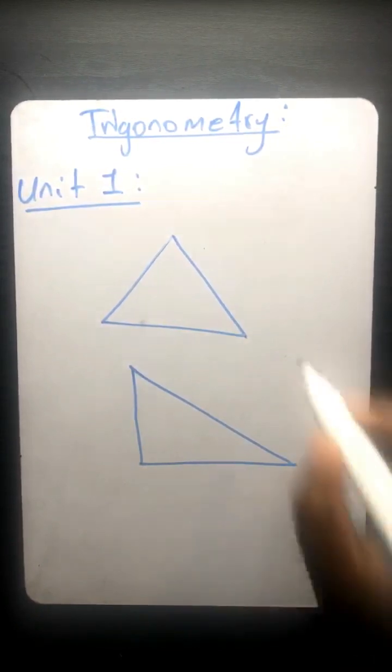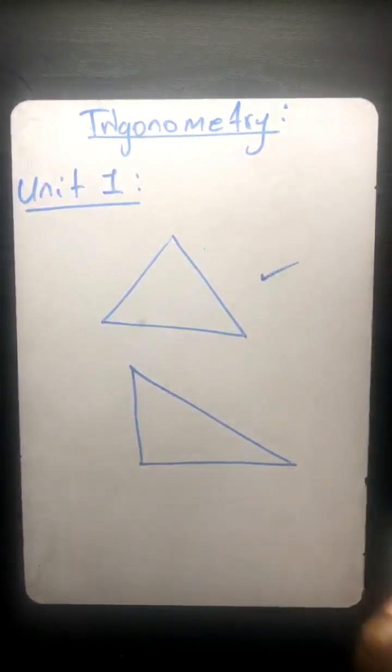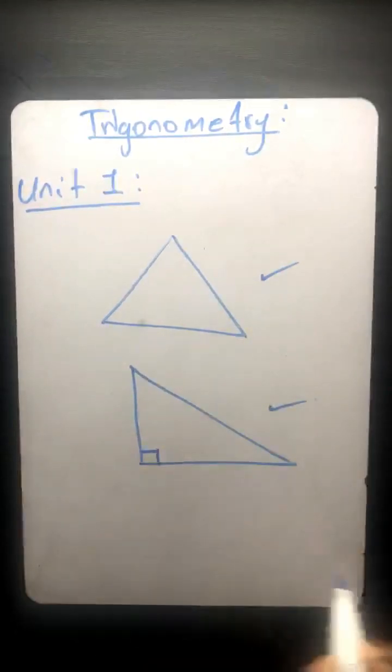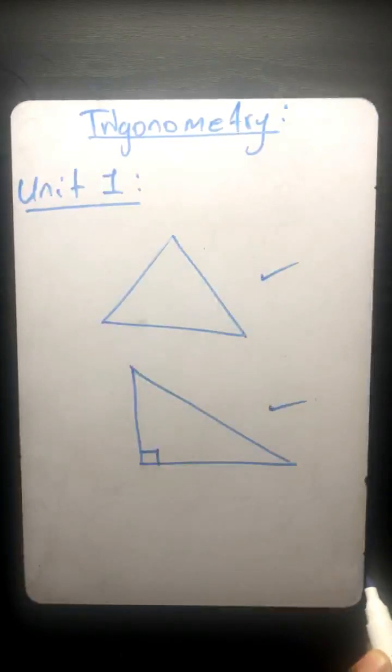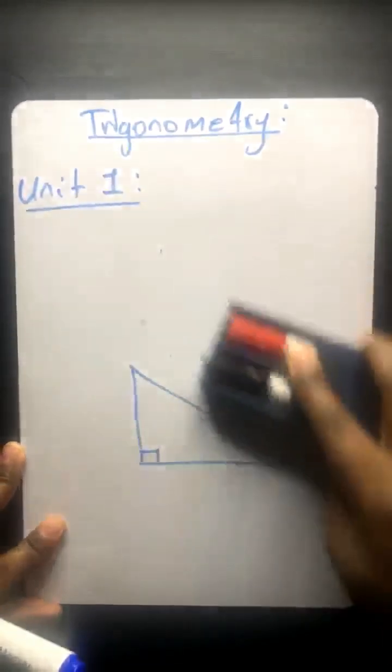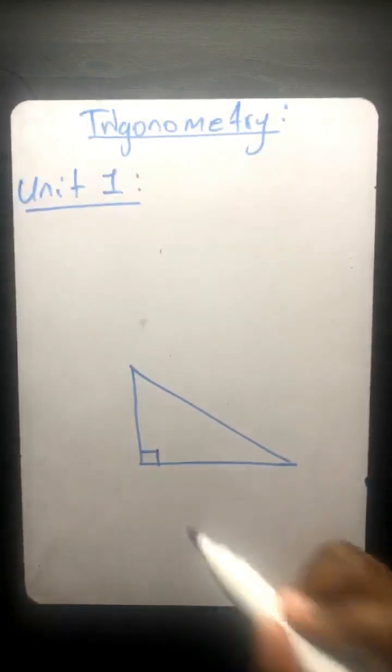For example, this is a triangle, this is also a triangle, but between these two triangles, this one has got that sign. It is therefore not just a triangle, but what we call a right-angled triangle.